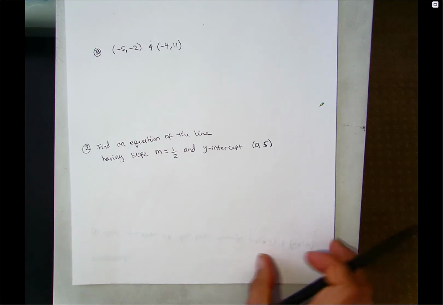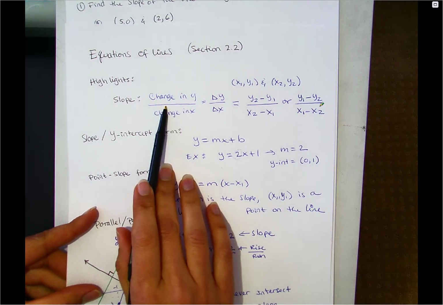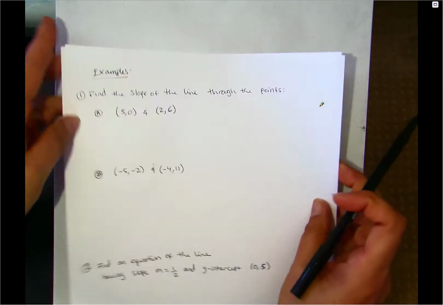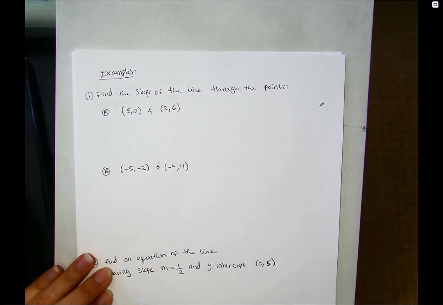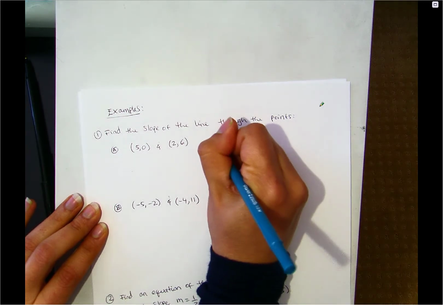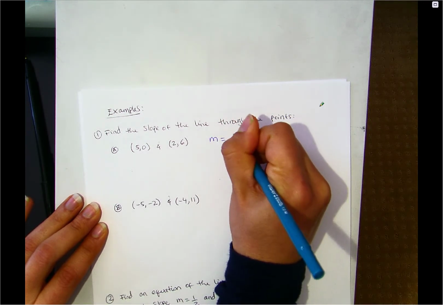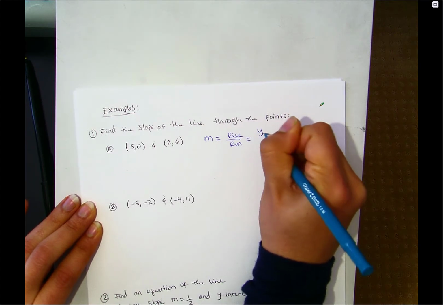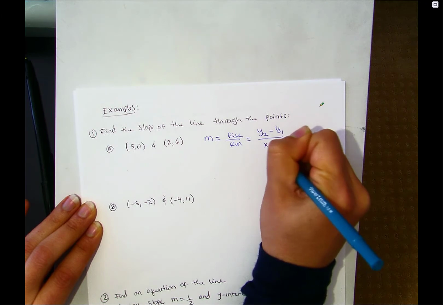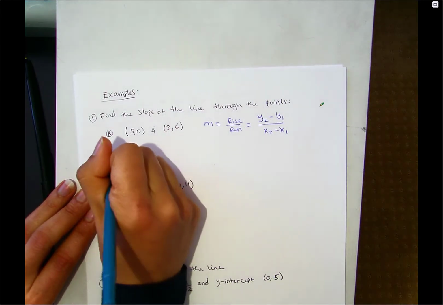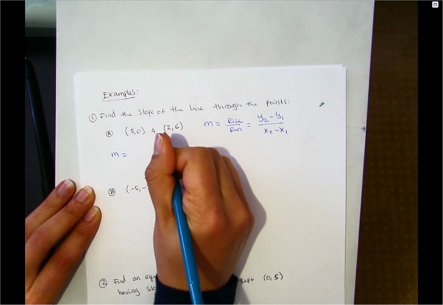Let's do an example of finding slope and finding equations of lines. Find the slope of the line through the points (5, 0) and (2, 6). First, let's remember our formula. The slope is rise over run, which is the change in y over the change in x: y2 minus y1 over x2 minus x1. It doesn't matter which one you choose, so I'm going to start with that one.